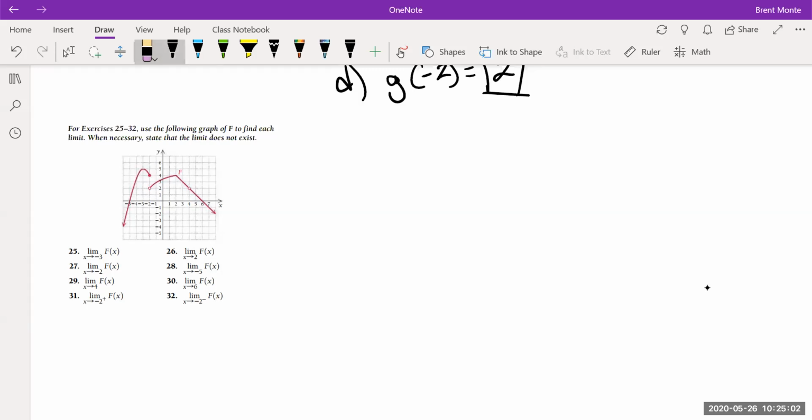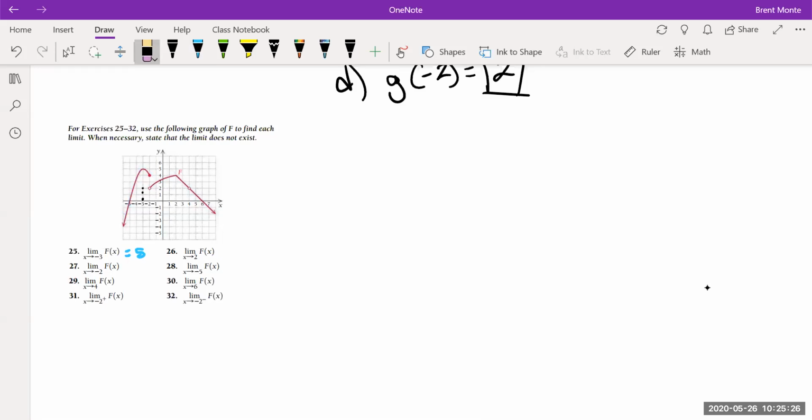So -3, if I go up from -3, it's right there. As I come in from the left, I'm going towards that y value, which is 5. As I come in from the right, I'm also going towards 5. So this does exist. That's a 5.